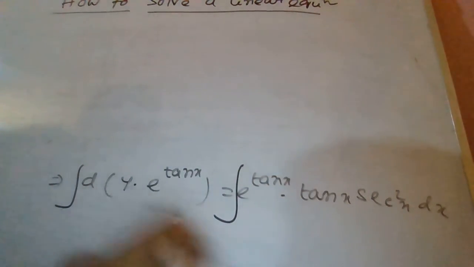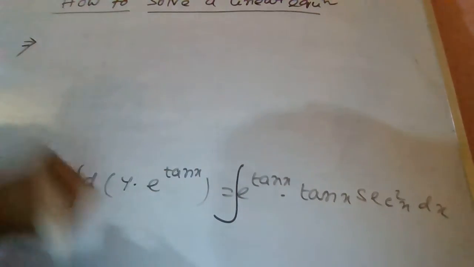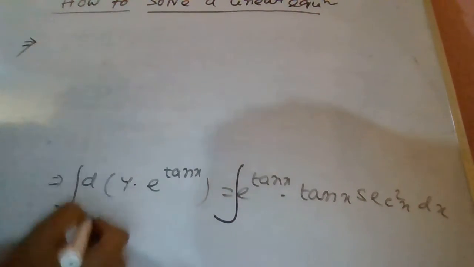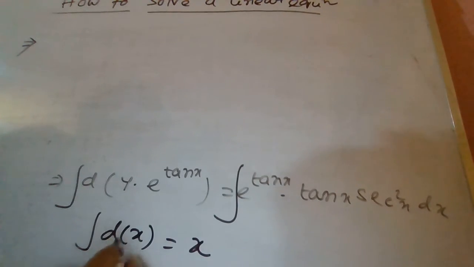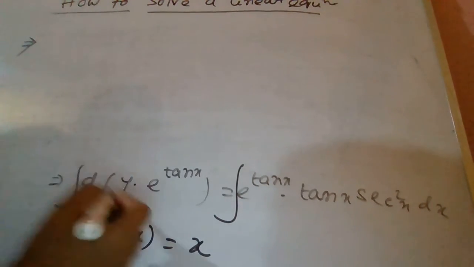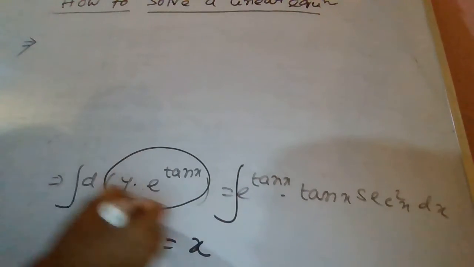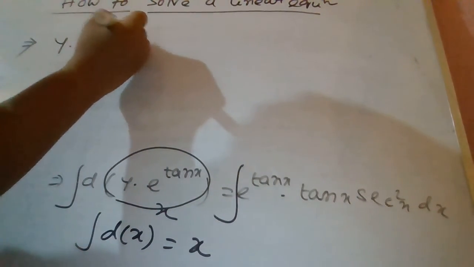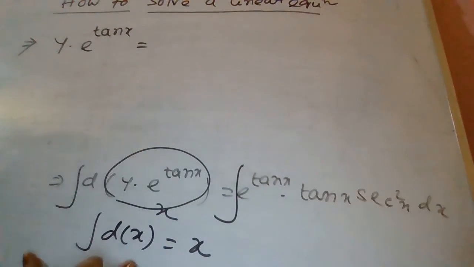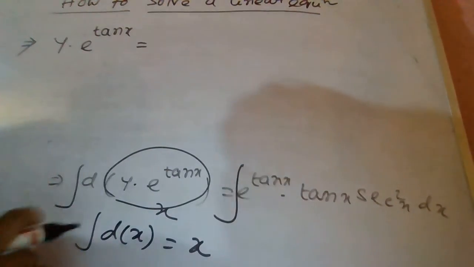Now for this side, we know that integration of d of something is equal to that something. Integration of d of x will be x. So this will be y into e to the power tan x. Okay, this is the formula of integration. Now for this side we have to put a substitution.